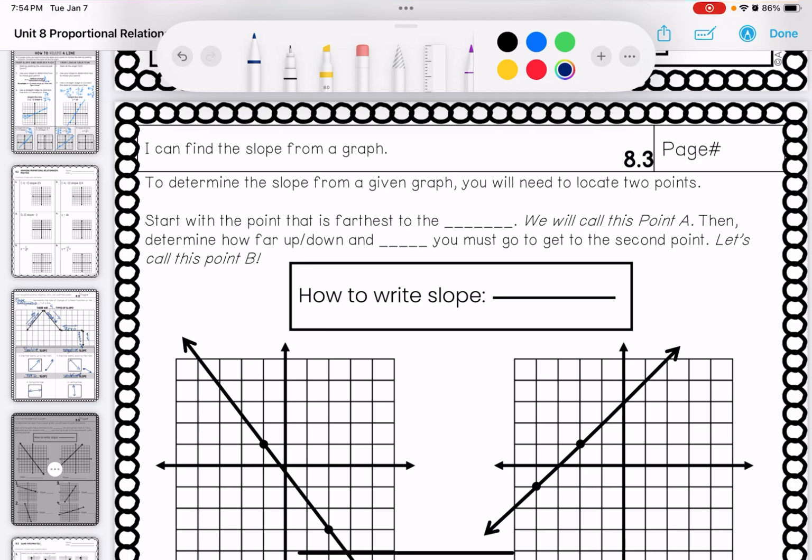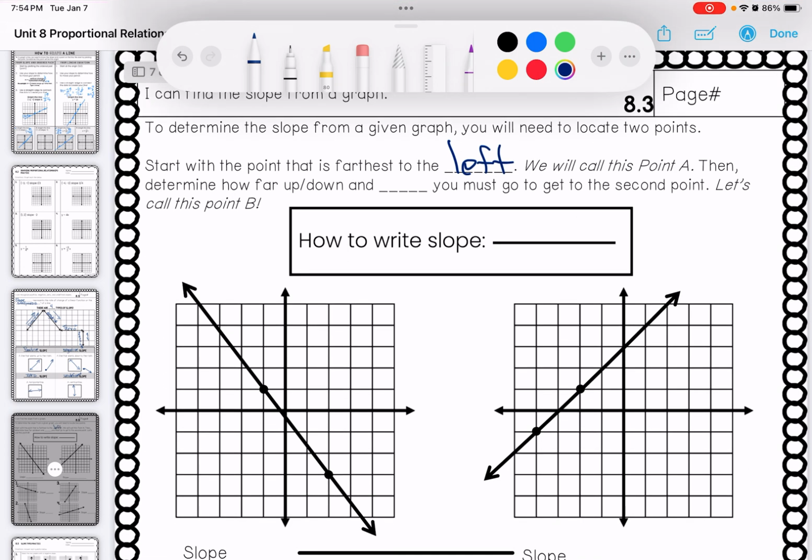So you start with the point that is farthest to the left, and we will call this point A. So right here, that's point A. And then we're going to determine how far up and down, and right, you must go to the second point.